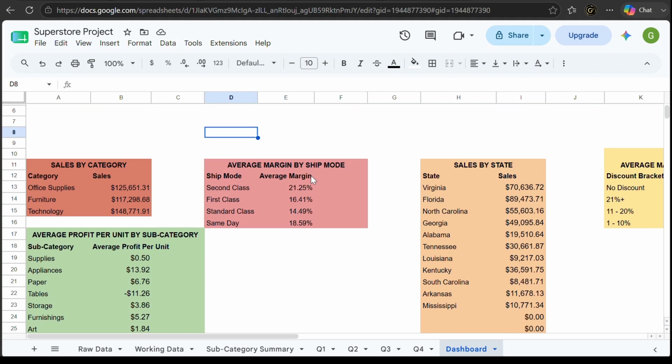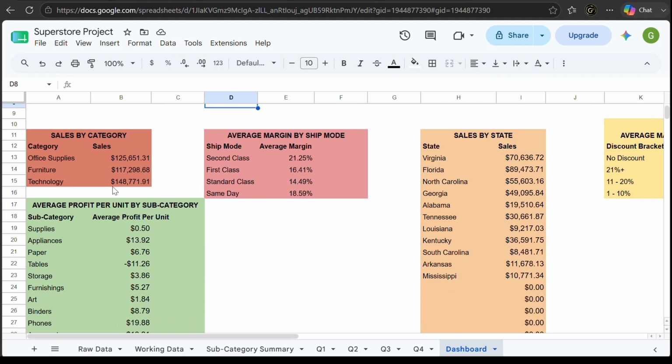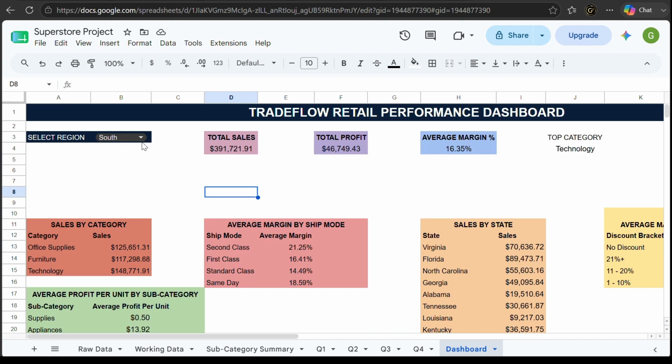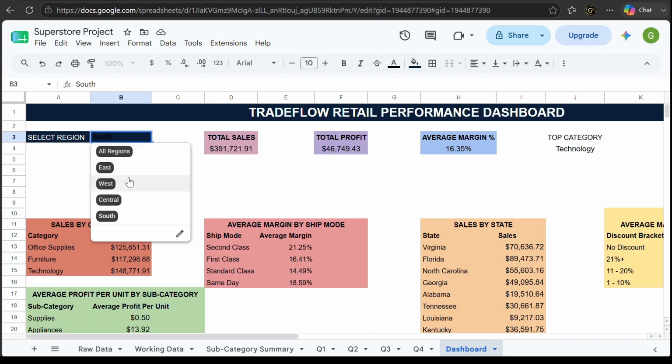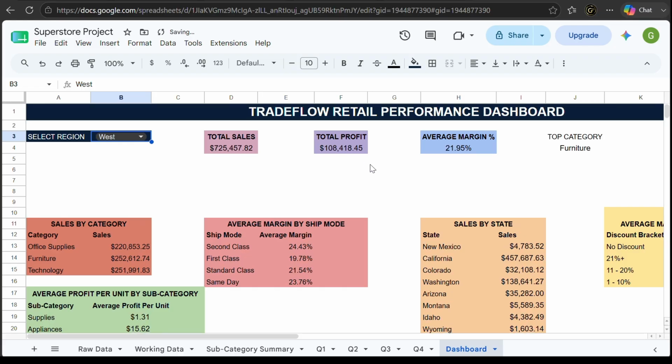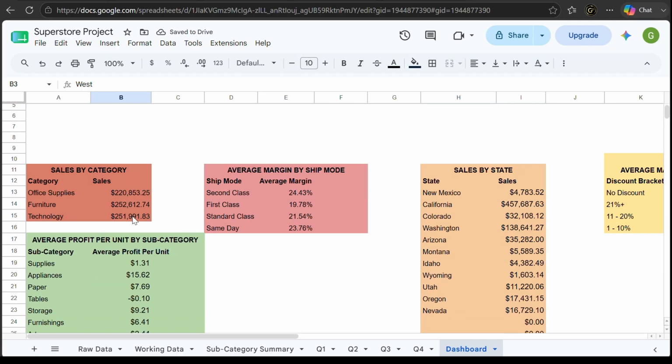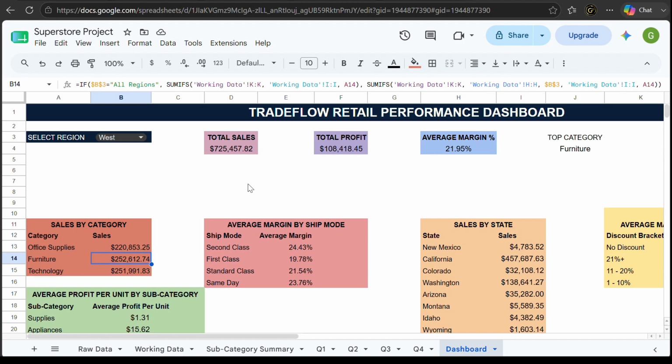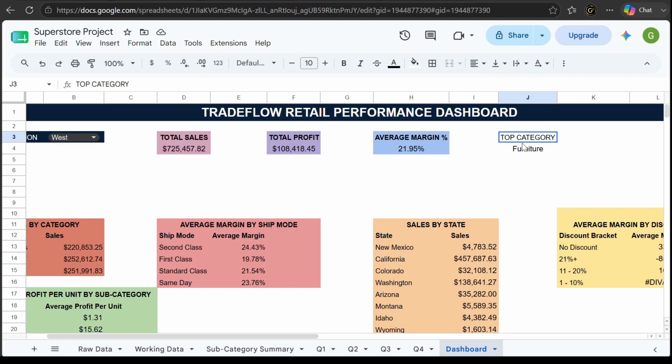I completely agree with that, because if you look at this, if you filter, you find that only in the Western region was it no longer technology that was leading. You can see for Western region, furniture took the lead with 52,000 in sales, while technology was still at 251,000 in sales. So of course, I agree with that there.